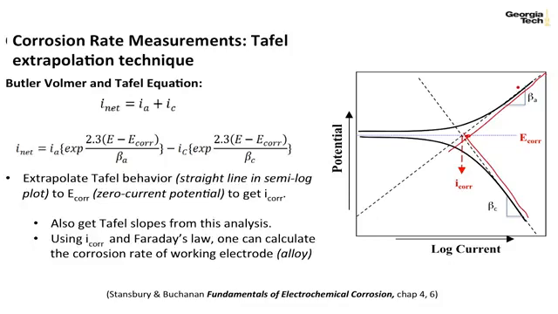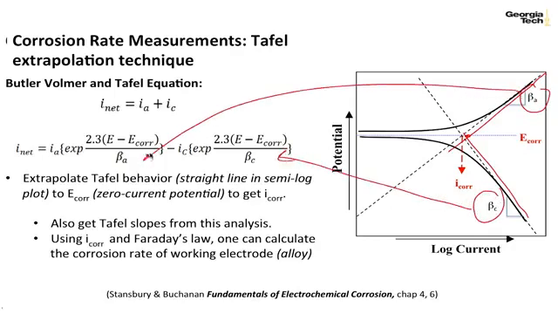As I mentioned, the linear part is called the Tafel slope, and just by plotting log of current density versus potential, you can not only determine I corr, but also the anodic Tafel slope and cathodic Tafel slope.